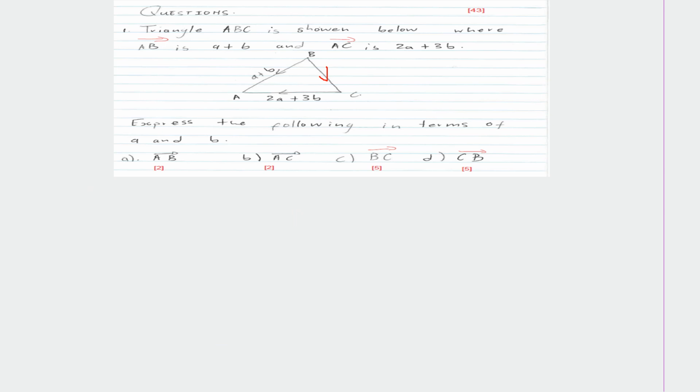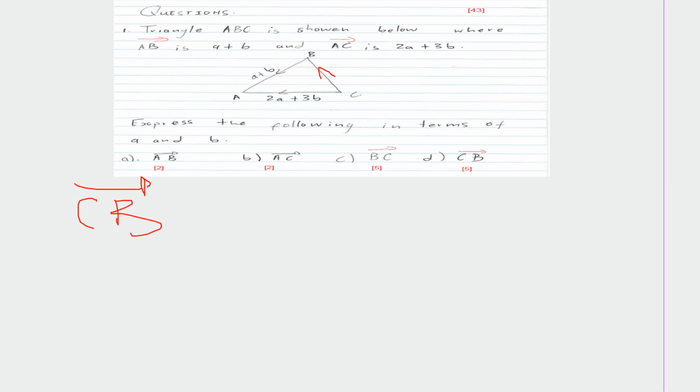On the last one we have CB, we're looking for vector CB. So vector CB is actually moving in this way. Let me erase this one here so that you can see what I'm talking about. So vector CB is moving this way. Remember, if the vector is moving this way, that means we have to start at C to say CA plus AB is equal to the vector CB.